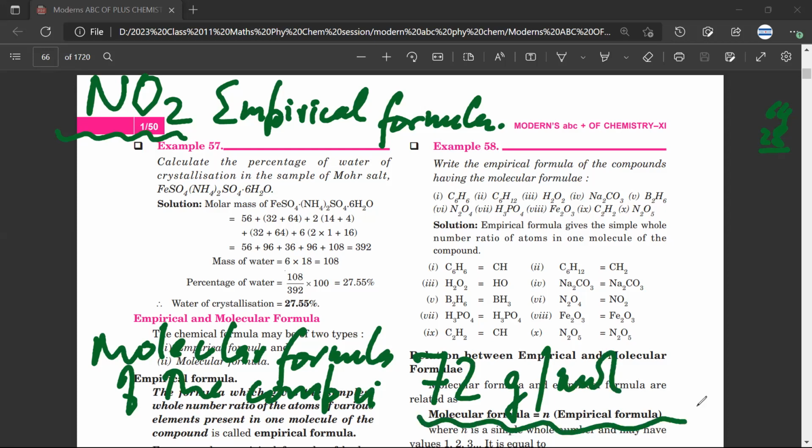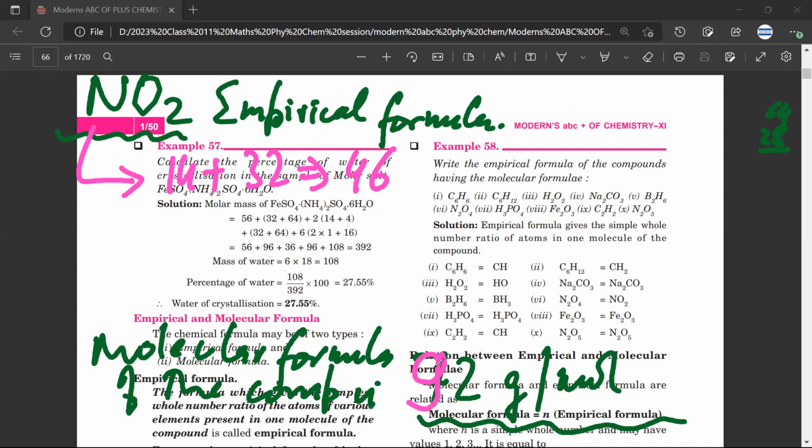Now, when I look at NO2, what I understand is that as per the empirical formula, the molar mass is 14 plus 32 is equal to 46. Is it making sense? Yeah. Is our calculation correct? No, this is 92.